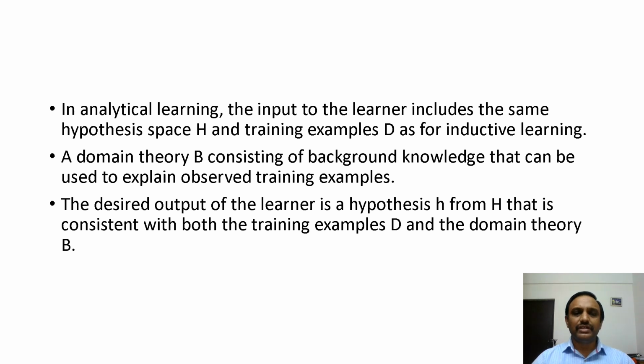First we see the analytical learning: what is the input we have to provide, and what is the output we are going to get by applying this analytical learning. For this analytical learning, the input to the learner includes the same hypothesis space H and training examples as for inductive learning.